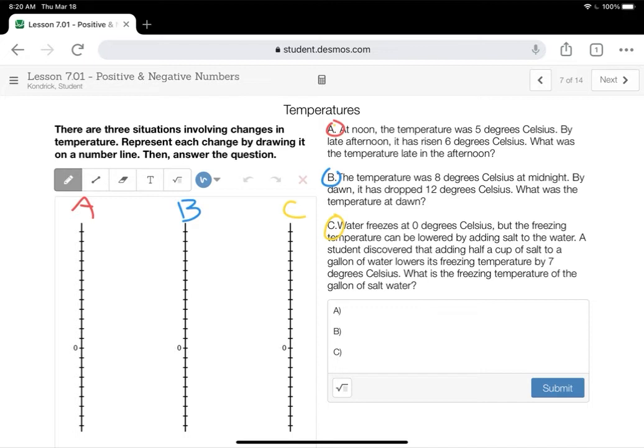So if we start up at 0, we know that we can go up 1, 2, 3, 4, 5, and we can start at 5 degrees. By the afternoon, it has risen 6 degrees Celsius. So we're going to go up 1, 2, 3, 4, 5, 6, and that gets us at 11 degrees.